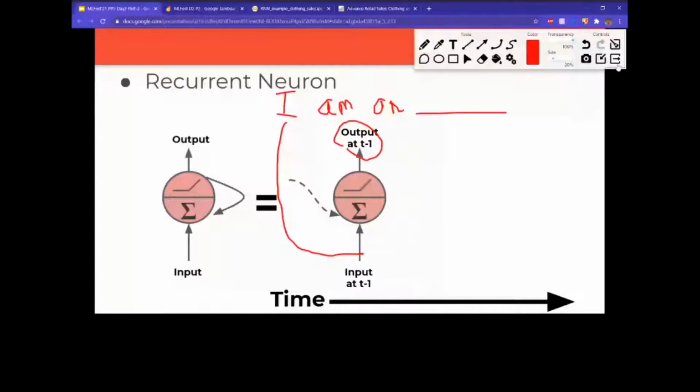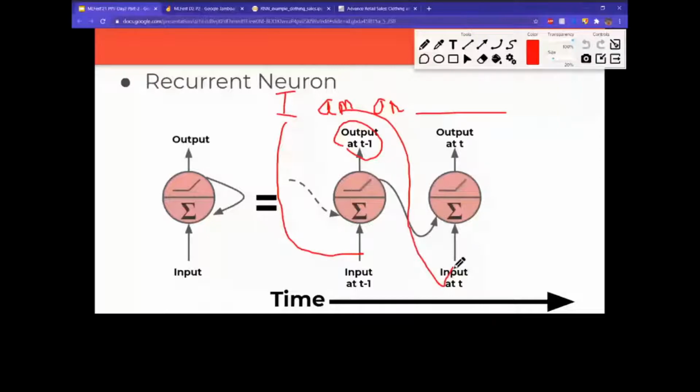Now over here we want to pass in am, because we want to make a prediction based on these 3 words. If I just pass in am on its own, it will have no idea what came before it. So instead of just passing am, we will also pass in the output from the previous step. That's what this arrow signifies.